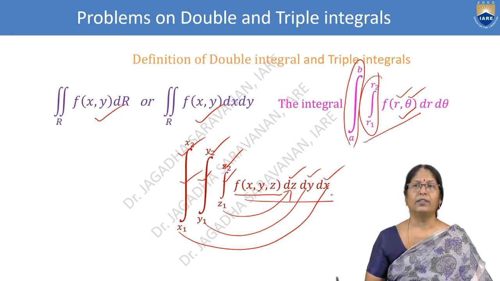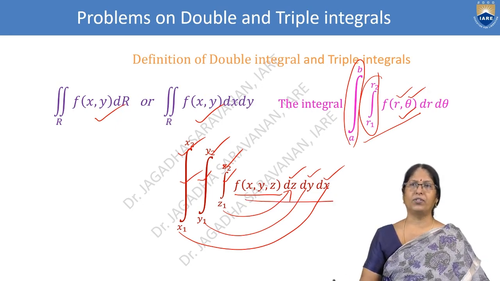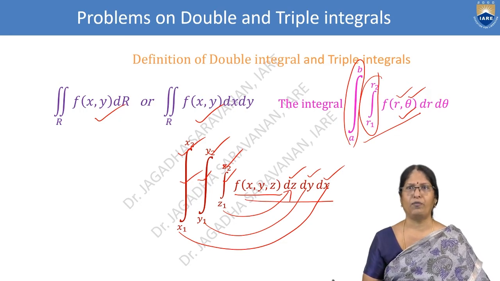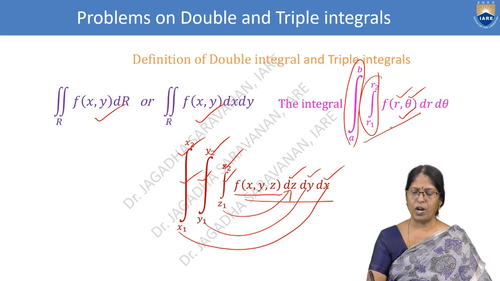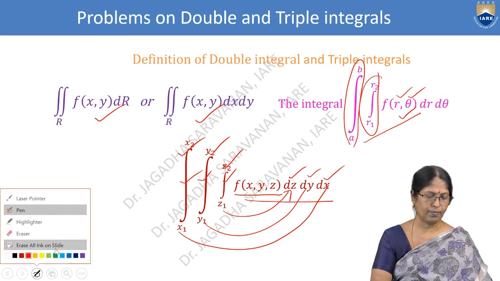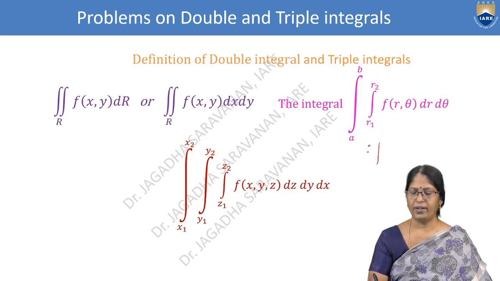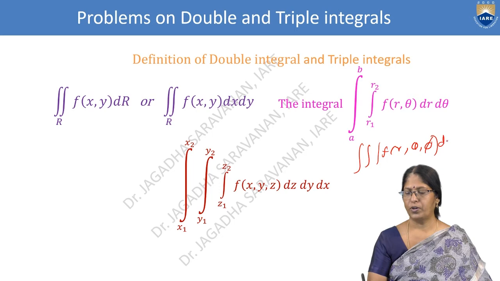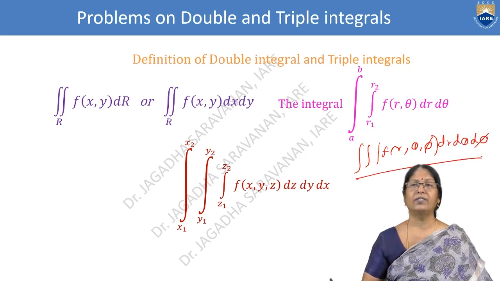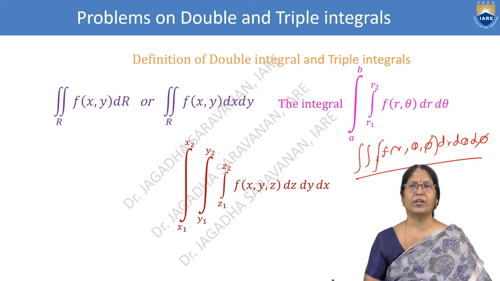This is the triple integral in Cartesian form. If it is in polar form, the formula is the triple integral of f of r, theta, y, dr d theta dy, which can be used for triple integration in polar form.